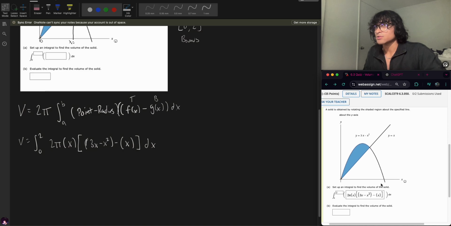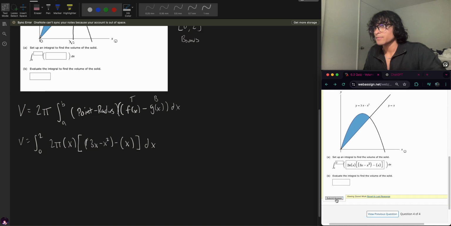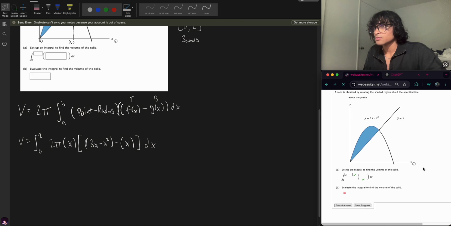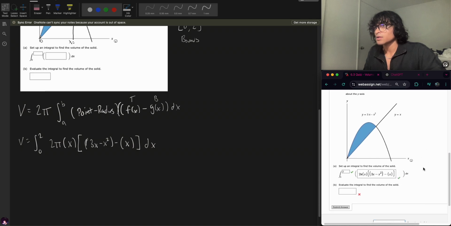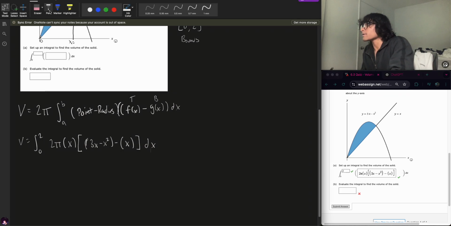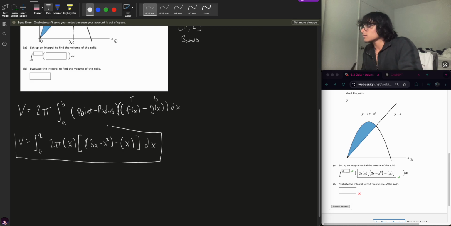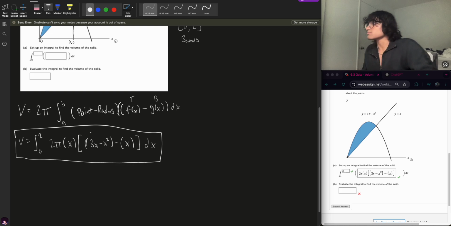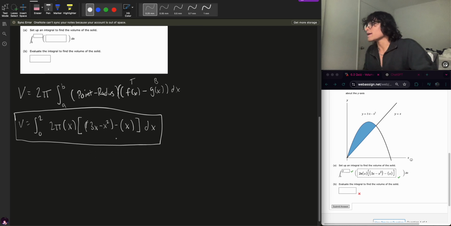I know that I only have 2 submissions on this, but let's just use one. It says I got this wrong because I didn't put an answer in, but as you can see here, we got this correct, right? So excuse me for the box, but that is the answer for that. We have just set up this integral.